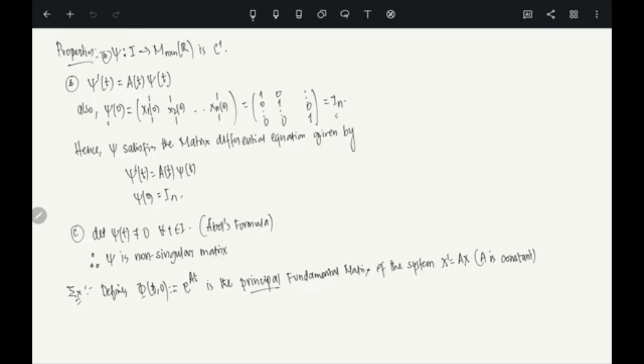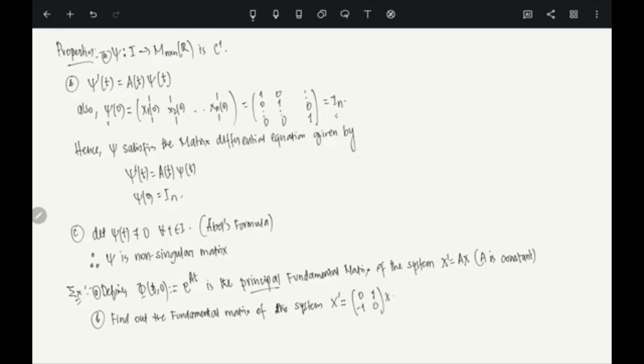Now let me call this thing A and let me write down B. What I want you to do is please try to find the fundamental matrix of the system x prime equals the matrix with rows (0, 1) and (-1, 0) times x.